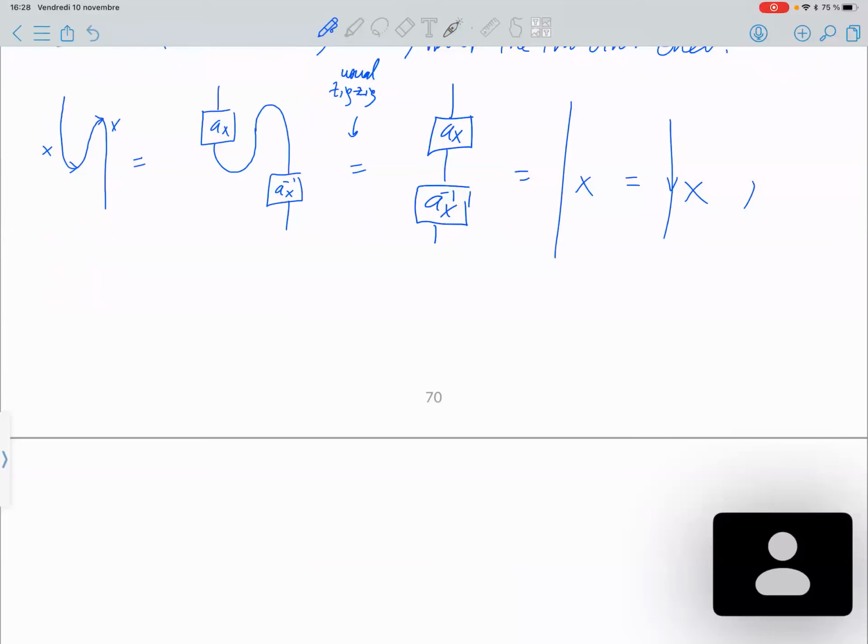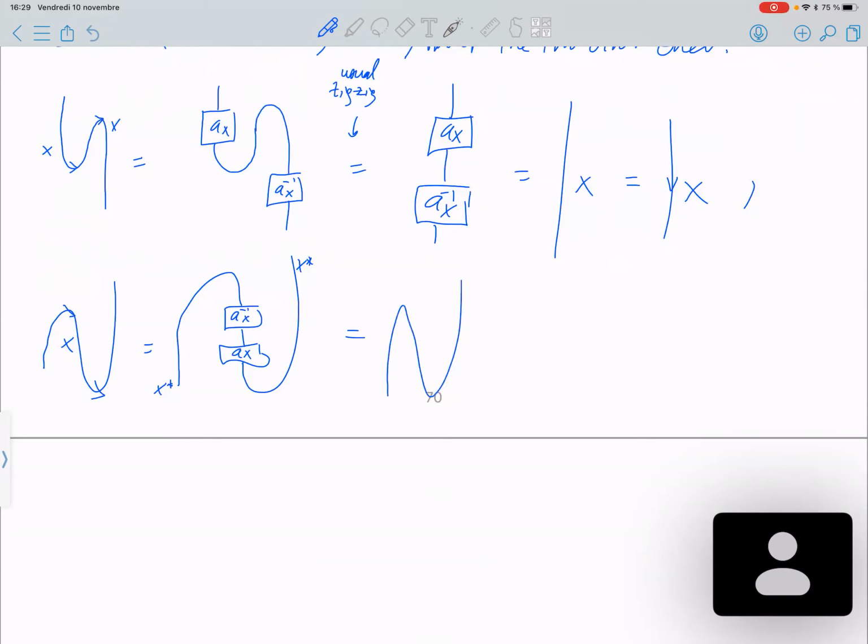Like that, like that. X is here. In fact, in this version, the two pivotal structures are already in the middle and can already be simplified. X star, X star. So this is like that.